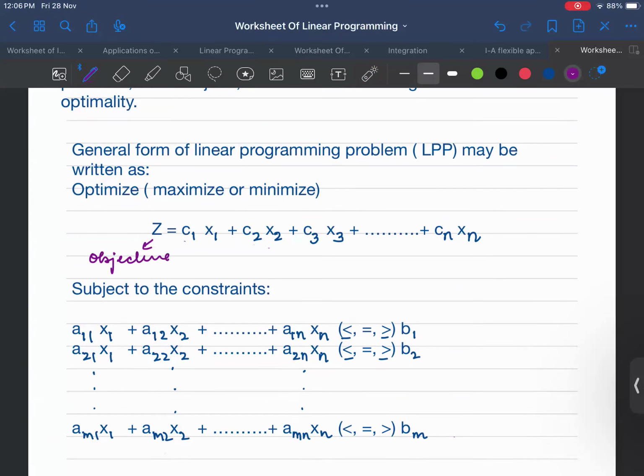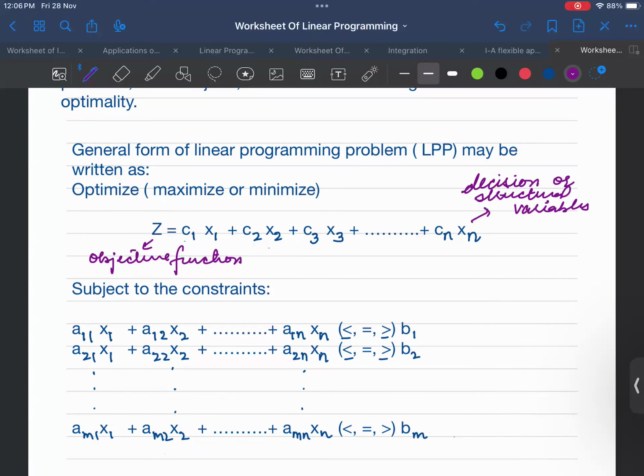Then we have C1x1 plus C2x2 plus C3x3 plus so on up to Cnxn, where this x1, x2, x3 and so on xn would be your decision or structural variables.